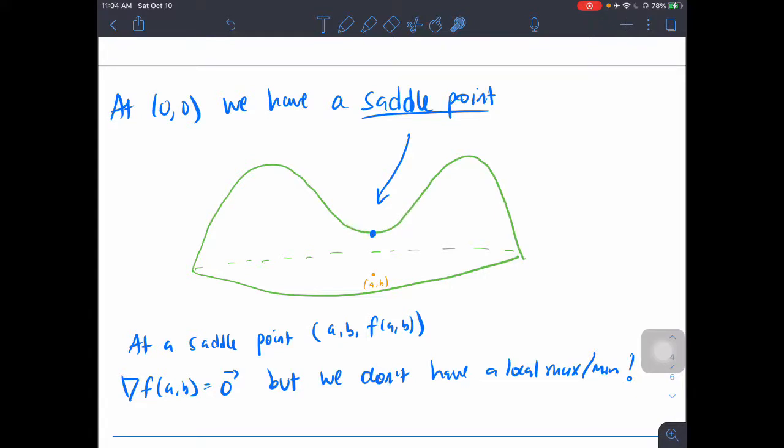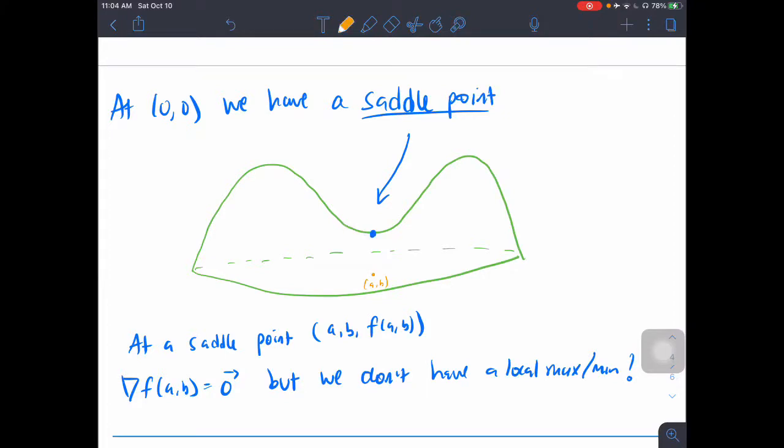Wait, I think I said that opposite. If it was a local max, this z value would be the highest for all the other z values around it, and there are larger z values. Oh no, I did say that right. And it's not a local minimum because if it was a local minimum, it would have the smallest z value for all the points around it.